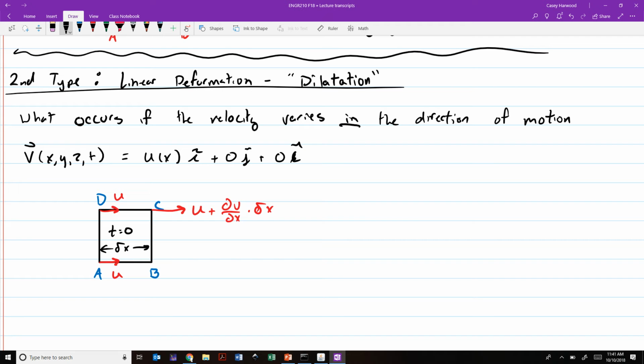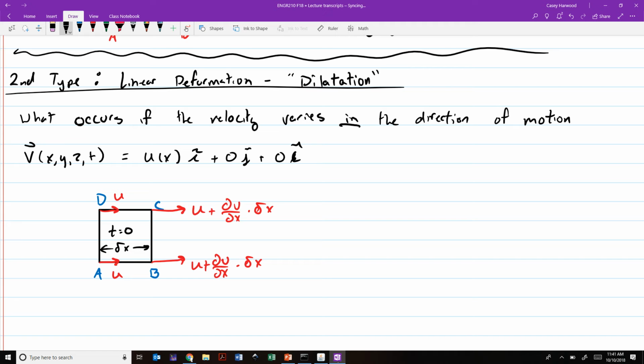So this is an application of the first order Taylor series that we've been using in the past, where we say we know that u changes with x, but we don't necessarily have a functional description of it. We can simply approximate a change over a short distance by multiplying that short distance by the gradient: u plus du dx times delta x. So the idea here is that the left side is moving, but the right side is moving faster.